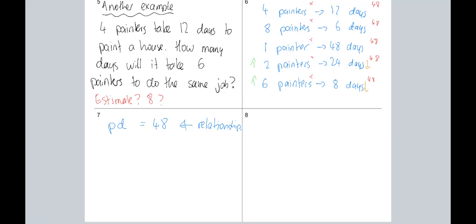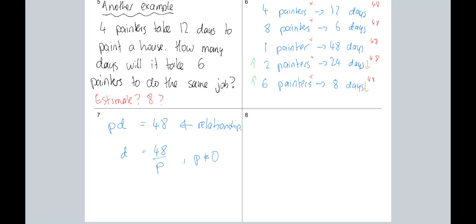Okay, what I can do is rearrange this formula here and say that, which one do you reckon is the independent variable? I reckon P must be, mustn't it? The number of painters is what you throw at a job, and then the days vary as a result. So let's put D on the left-hand side. D is equal to 48 over P, as long as P what?